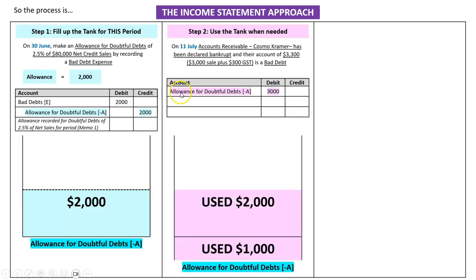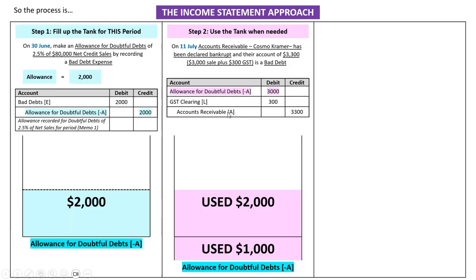So what we're going to do is take out $3,000 of this sale that the account receivable Cosmo Kramer won't repay us. And what that did to the tank is it not only used up the 2,000 we had in there, it used up another 1,000 here. And it kind of sent it into negative because now the balance, it was 2,000. It went down 3,000. So now the balance is negative 1,000. We'll decrease GST just like we did in our previous example because we now do not have to pay this $300 GST to the government, so our liability goes down.